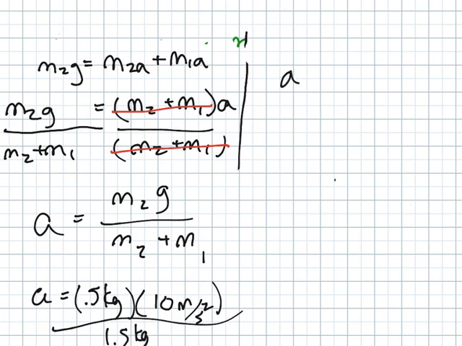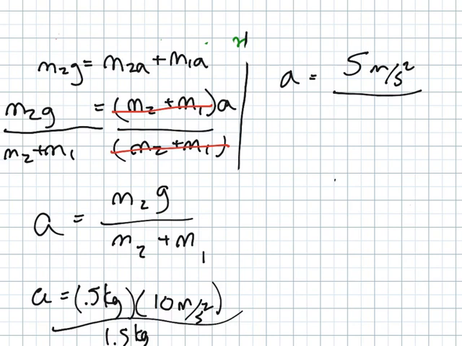So A is 0.5 times 10 is 5 meters per second squared, divided by 1.5.